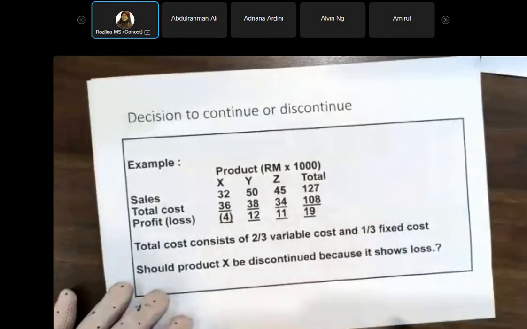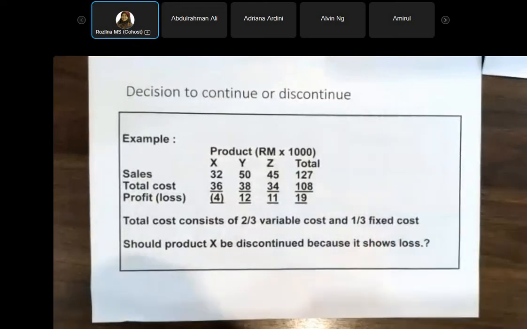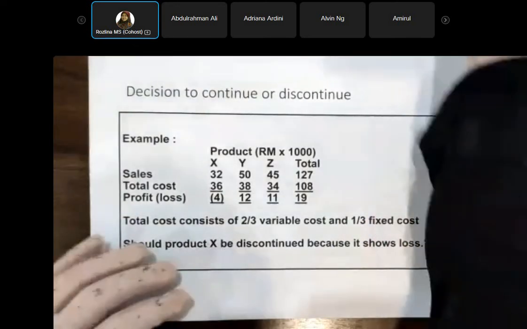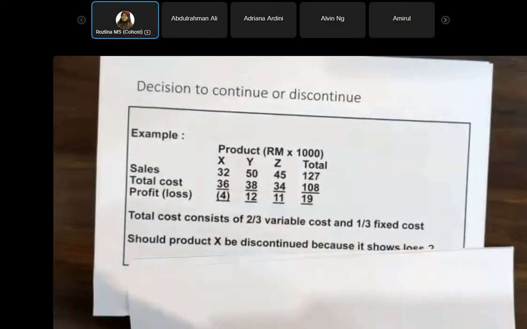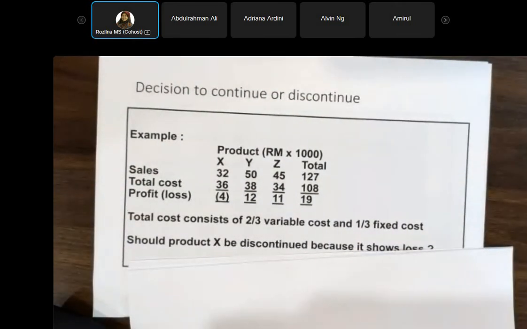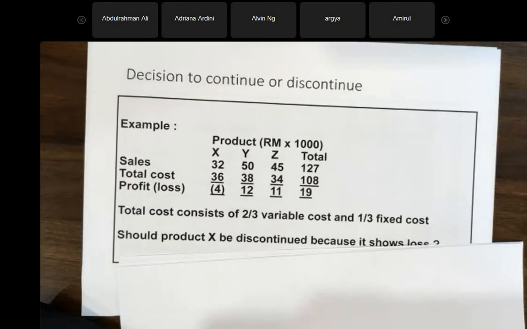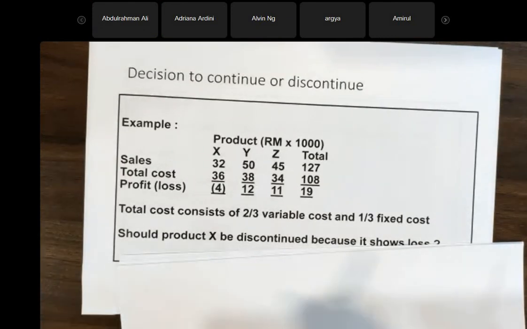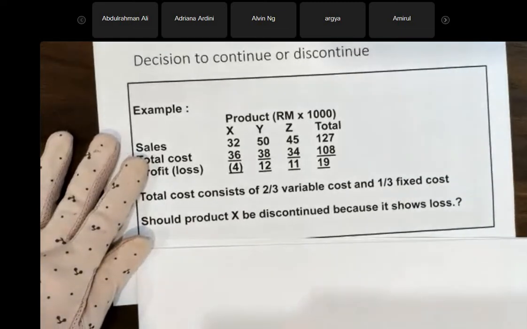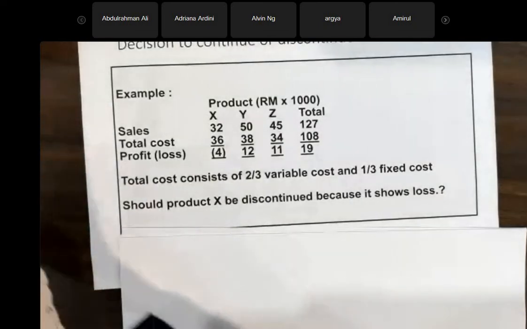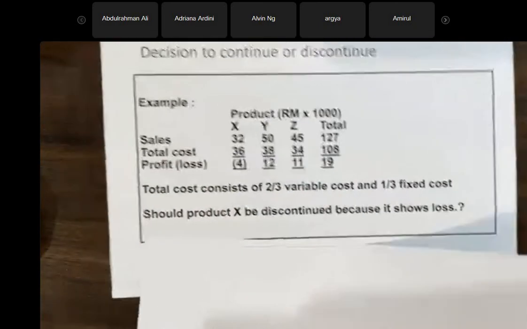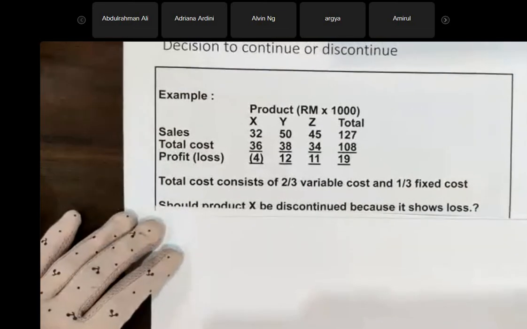Okay, this decision, to continue or discontinue. Okay, how to solve these problems?